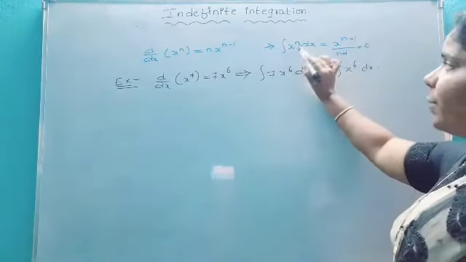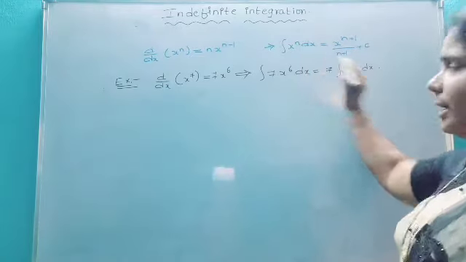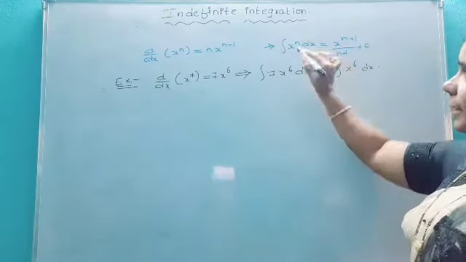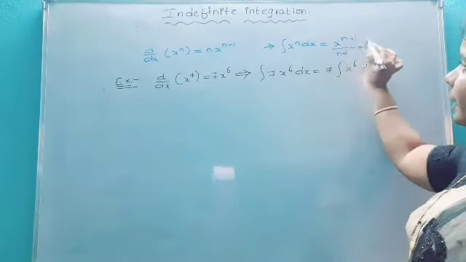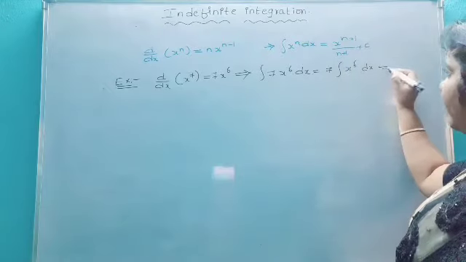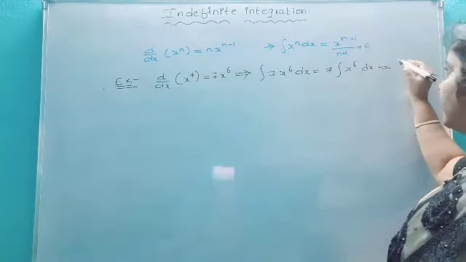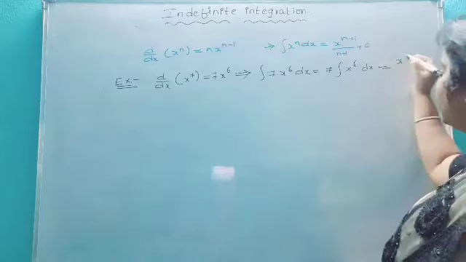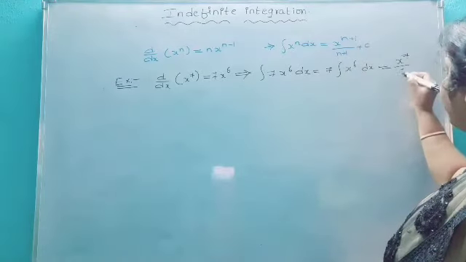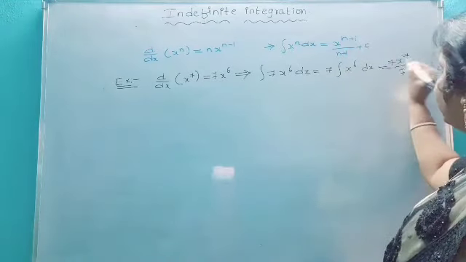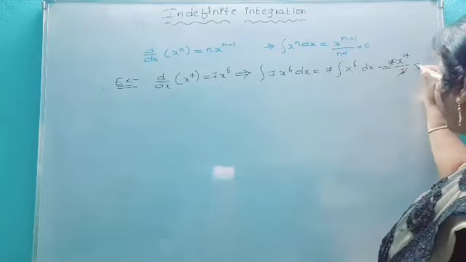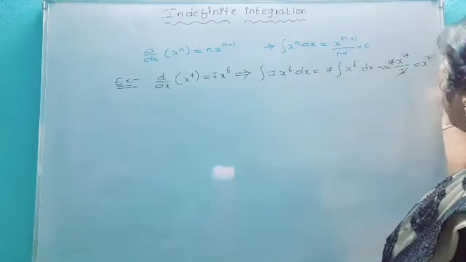Now this is in the form of x power n dx, where n is equal to 6. Apply the formula x power n plus 1 by n plus 1: that is 6 plus 1, x power 7 by 7. Already we have 7, so this 7 cancels. From that we get x power 7.